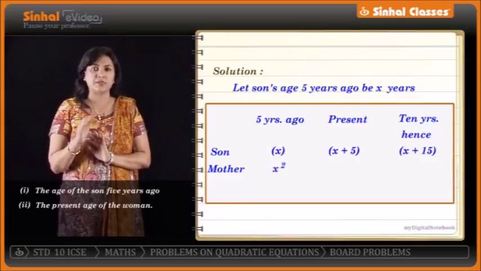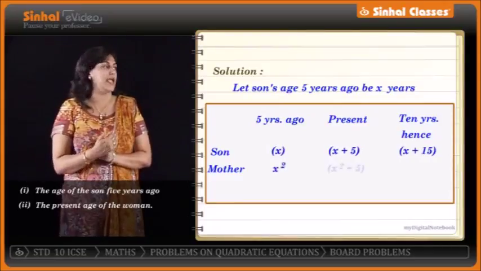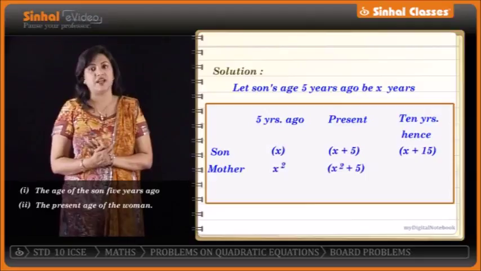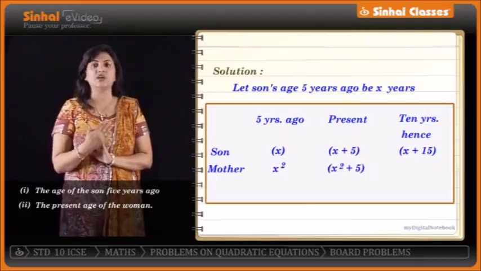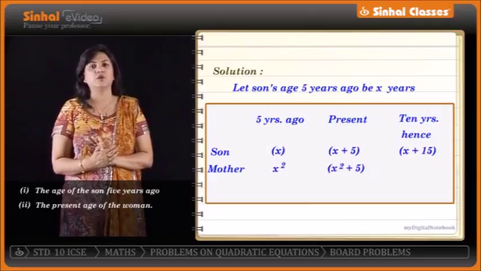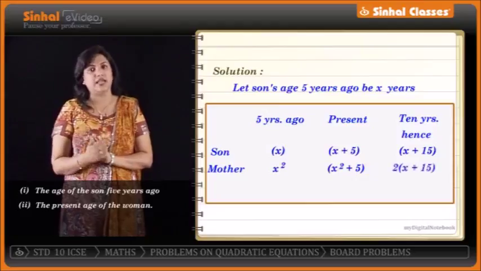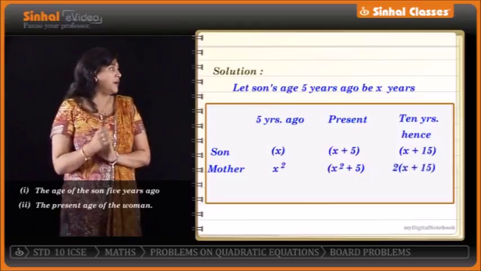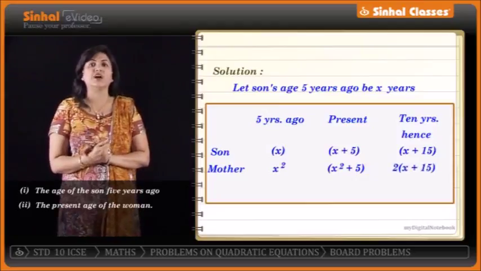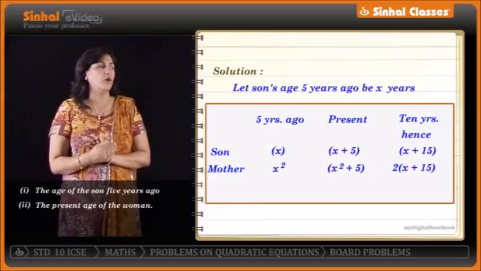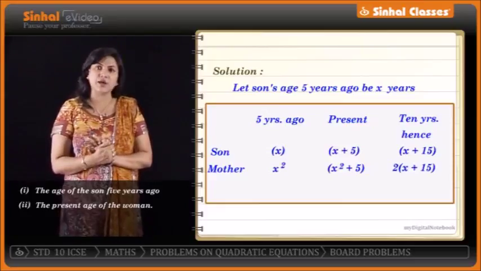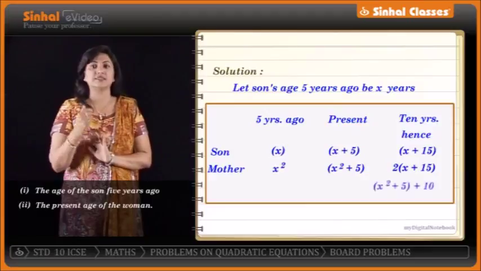So the mother's present age will be x square plus 5 and her age after 10 years would be 2 times x plus 15. But mother's age after 10 years will also be x square plus 5 plus 10.